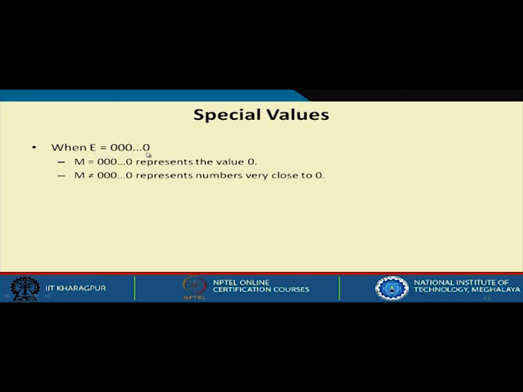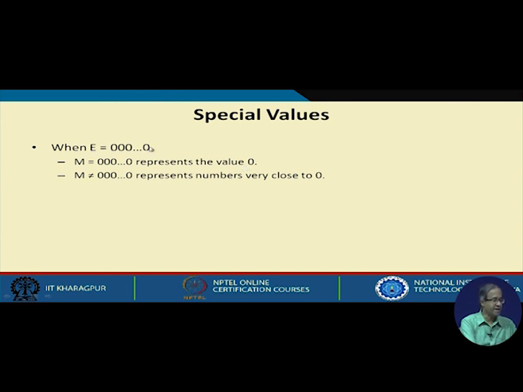When E is all 0, then if M is all 0, this combination represents the special number 0. So, you see the number 0 is represented as an all 0 string. This is one way of representing 0, so that it can be easily checked by hardware.